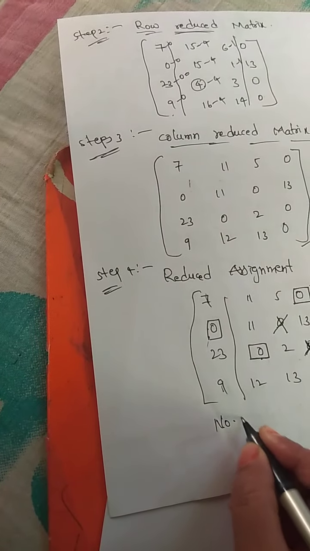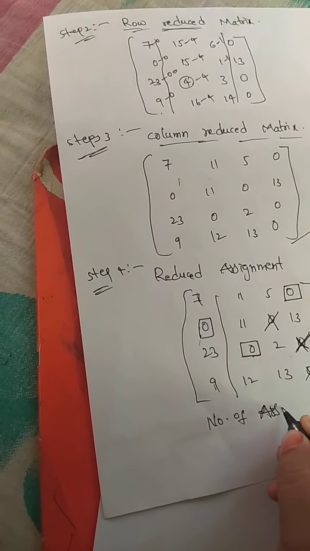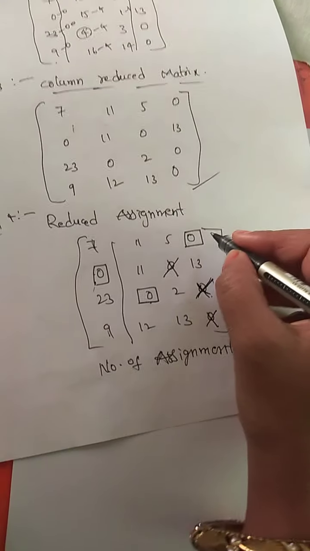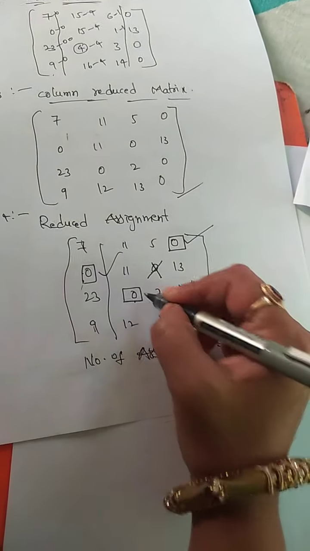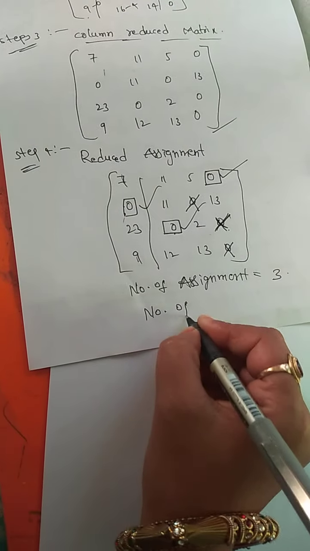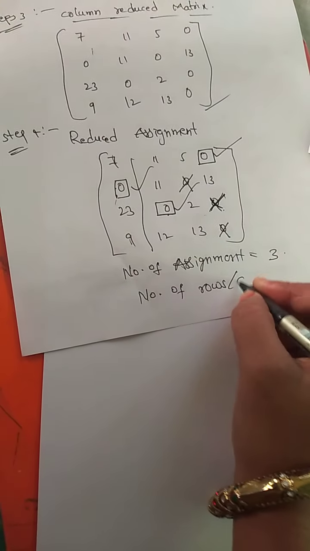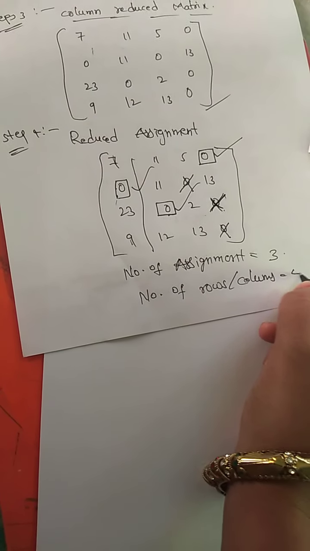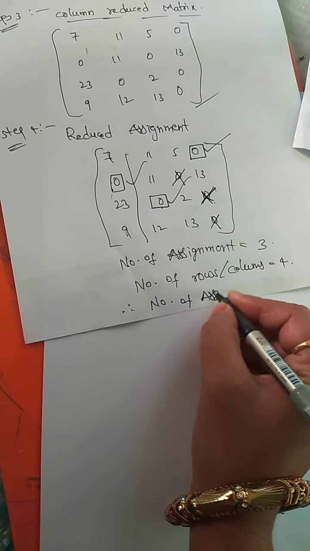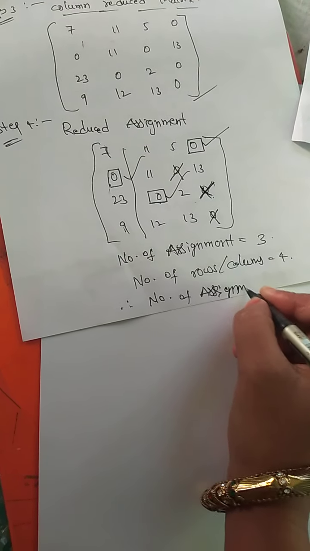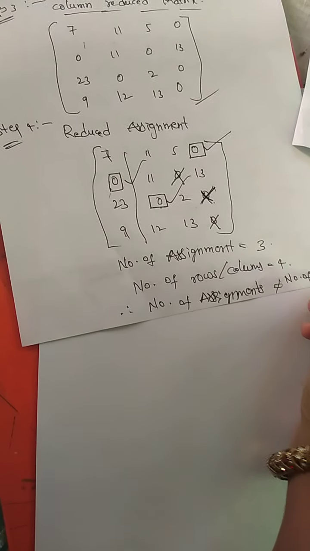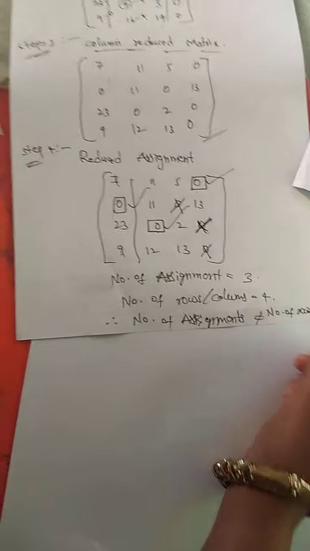Next, the number of assignments. So we count 1, 2, 3. There are 3, but the number of rows or columns is equal to 4. Therefore the number of assignments is not equal to the number of rows or columns.